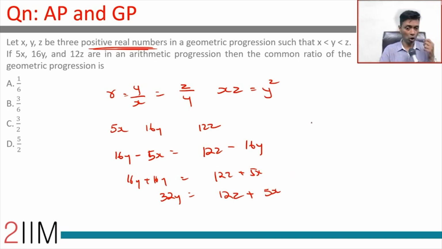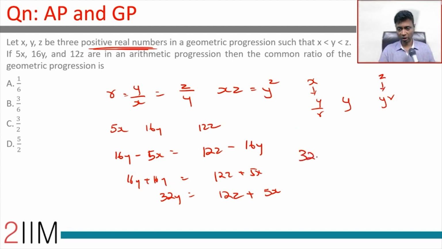Now we need to find the common ratio. So I'm going to assume the common ratio to be r. Instead of assuming the numbers as x, xr and xr square, I'm going to anchor around y. So the first term would be y by r, the second term y, the third term would be yr. X is y by r, z is yr. So we can simplify this.